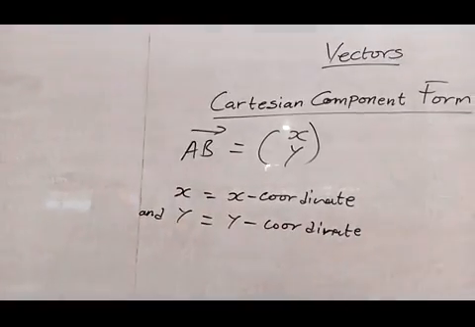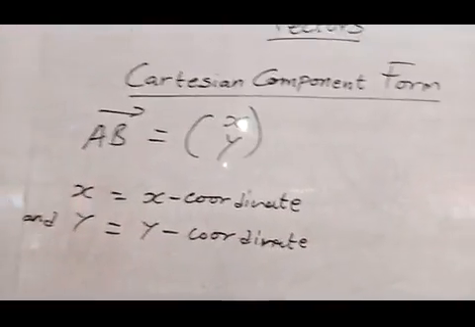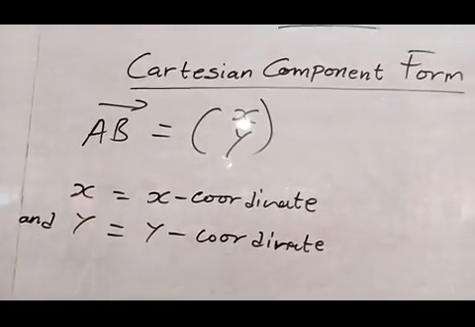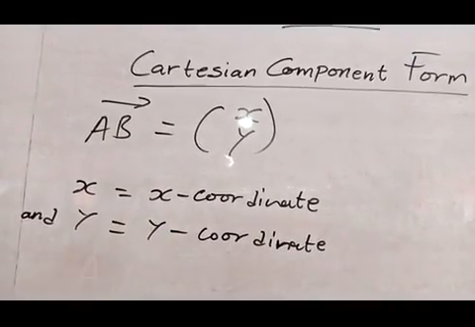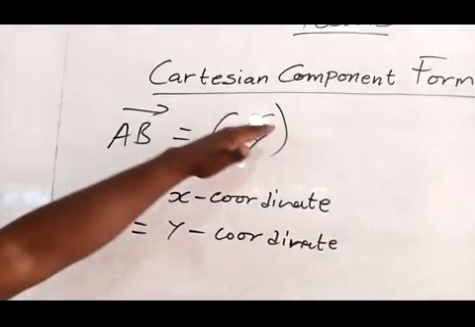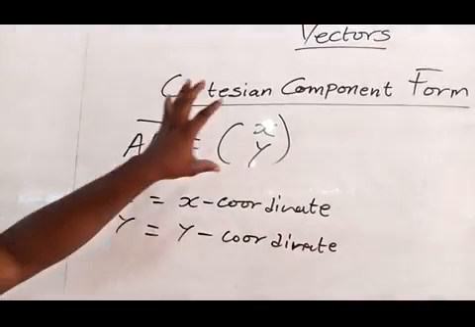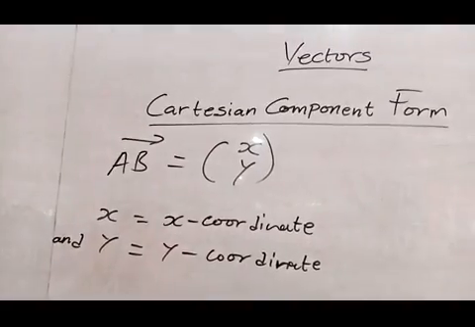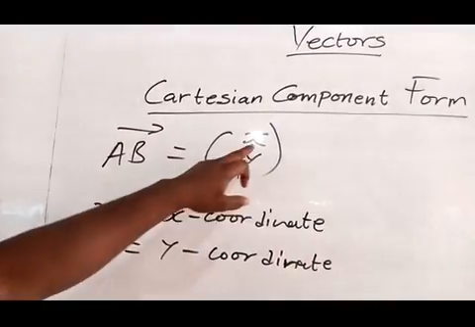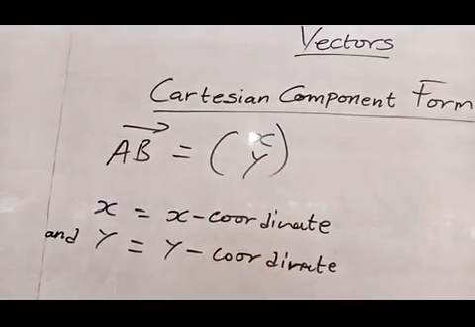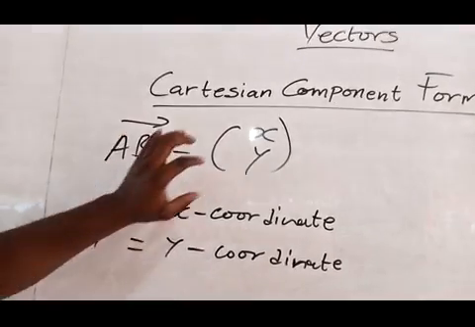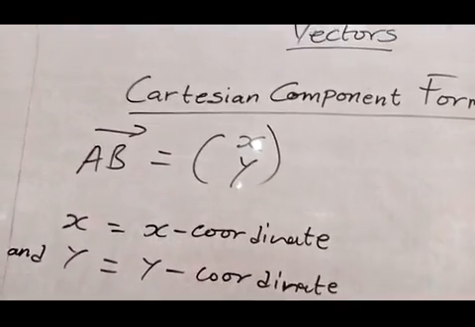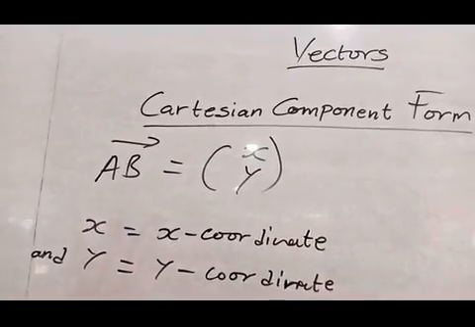It will be necessary to take note of these things. This is how the Cartesian component form is written: vector AB equals (x, y) in column form, where x represents the x coordinate and y represents the y coordinate. It is as simple as that.